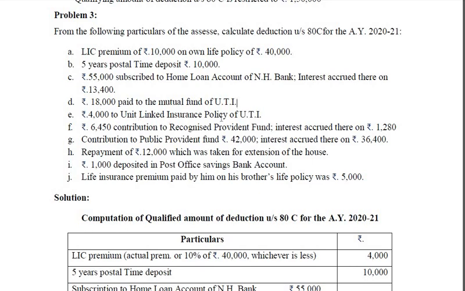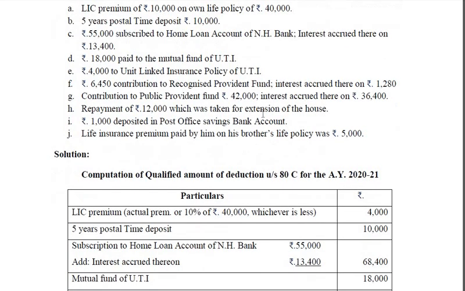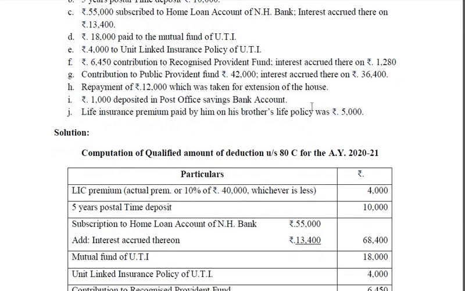Rupees 4,000 to unit linked insurance policy of UTI, that is also qualified. 6,450 contribution to recognized provident fund, this is qualified, but interest accrued thereon is not qualified. Contribution to public provident fund, that's qualified, but interest accrued thereon is not qualified.